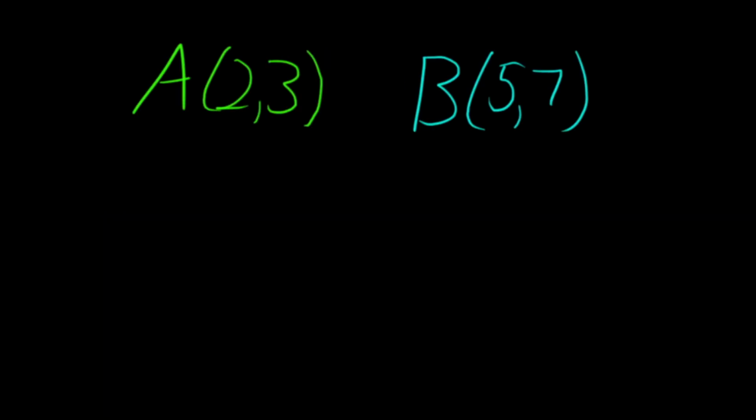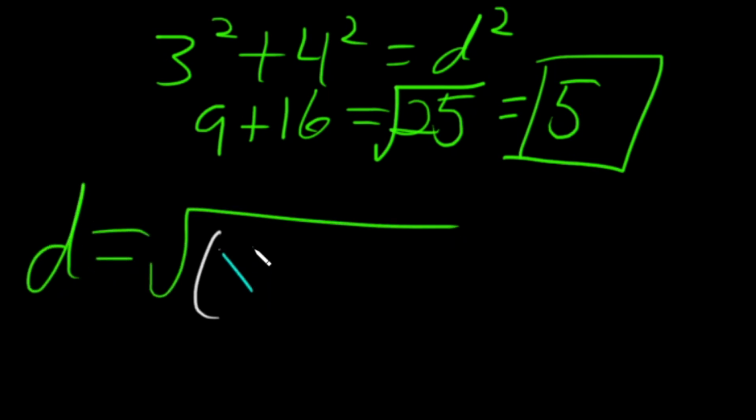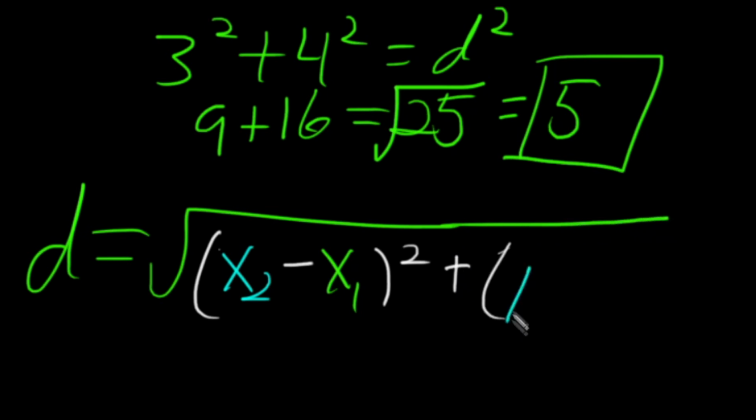Since your teacher most likely will want you to use the formula, we'll prove that the distance we got is the same you would have gotten using the formula. Let's take a quick look at what the distance formula shows. And that's distance equals the square root of (x2 minus x1) squared plus (y2 minus y1) squared.